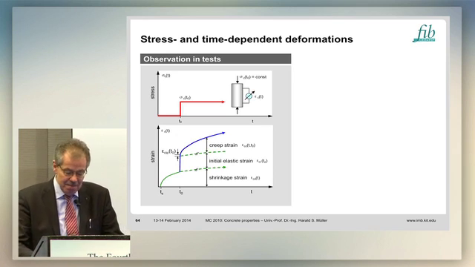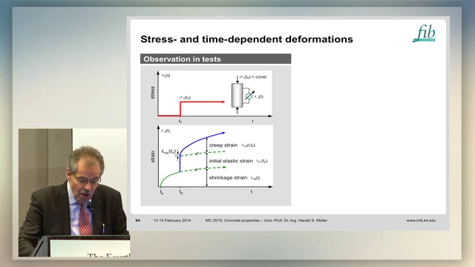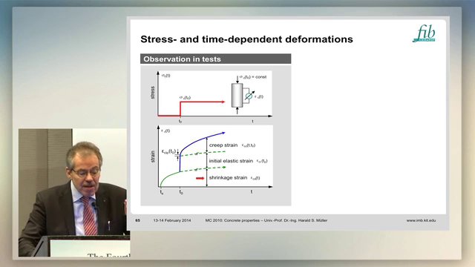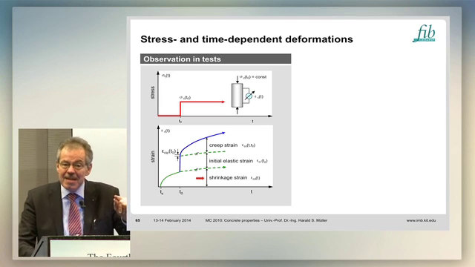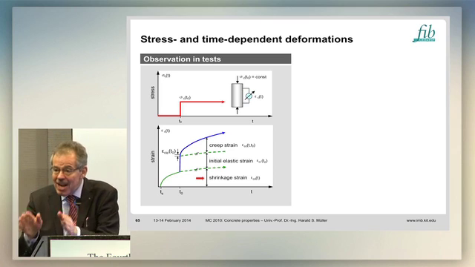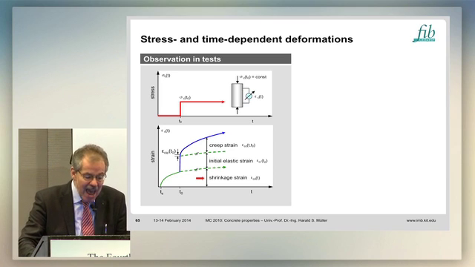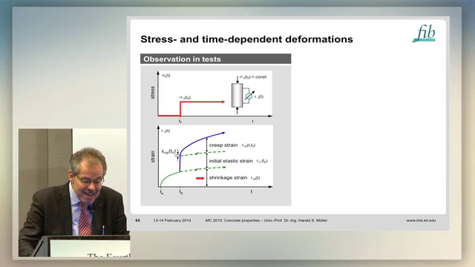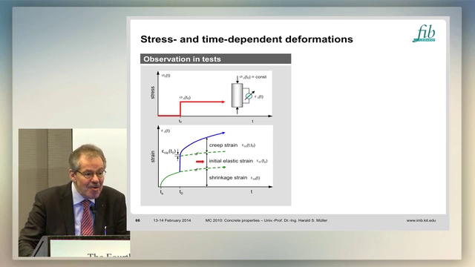We accepted that we term the first developing part as shrinkage. Then we assume that the shrinkage of the loaded specimen is the same as from an unloaded companion specimen. And we further assume that the initial elastic strain is constant during loading.